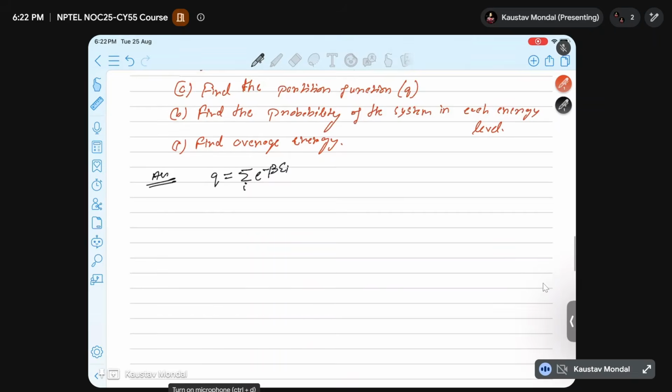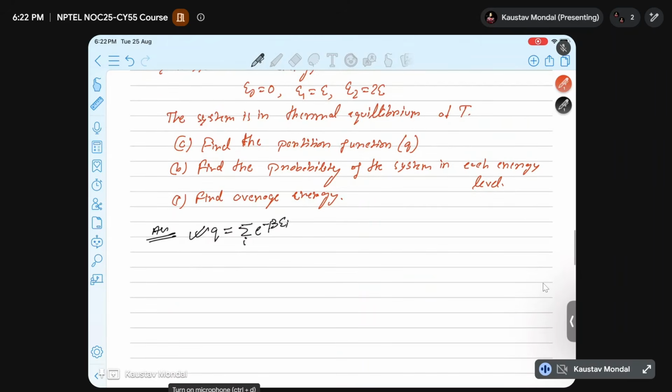So we know this is the formula of the partition function Q. From here, the first thing we have to calculate is the partition function, right?